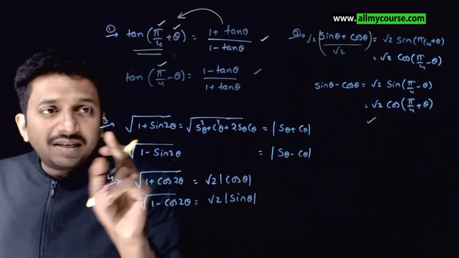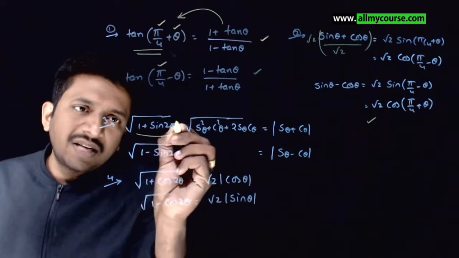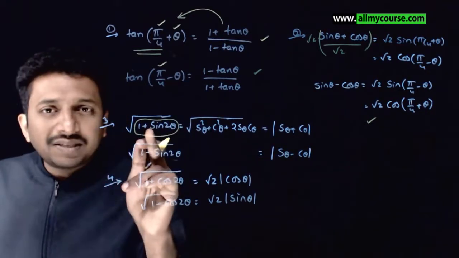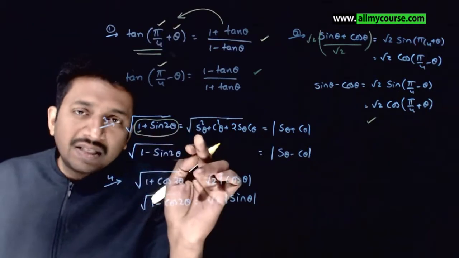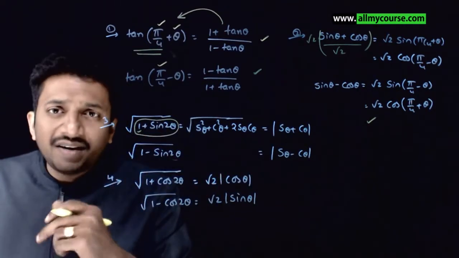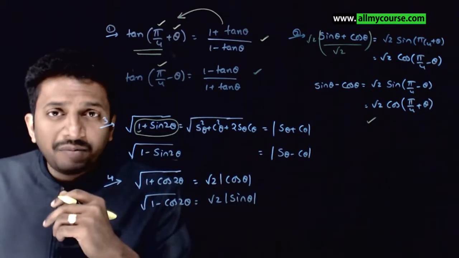Next, the third set is if you have root of (1 + sin 2θ). This is a very standard expression. What you can do is write 1 as sin²θ + cos²θ, which is an identity, and sin 2θ as 2 sin θ cos θ, which is a multiple angle formula.